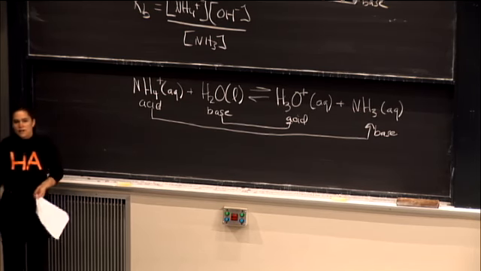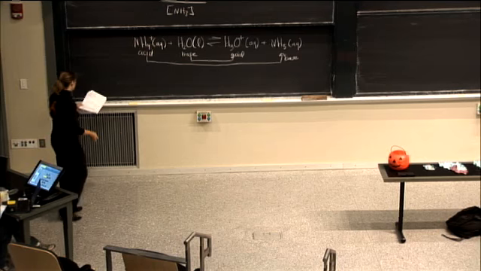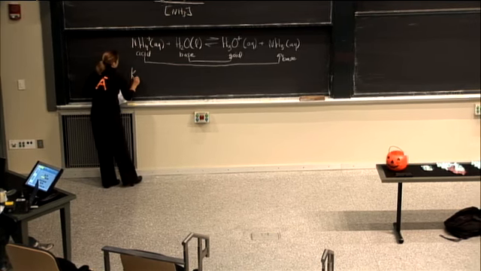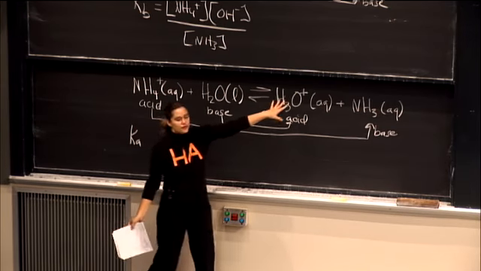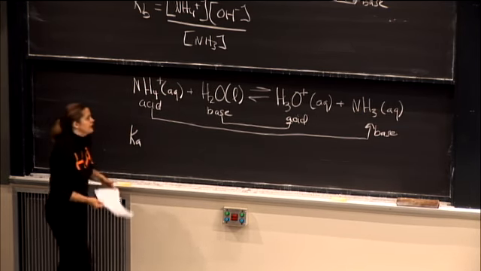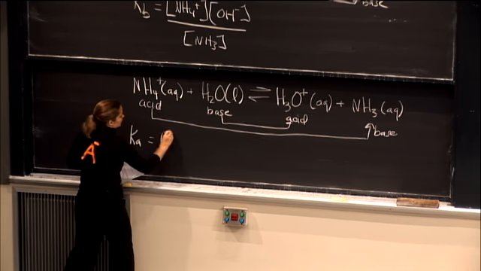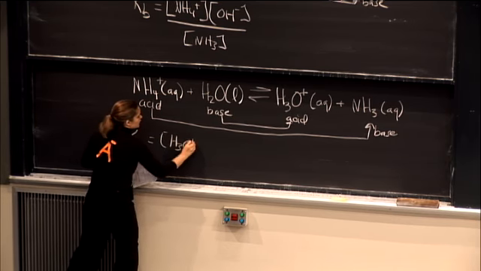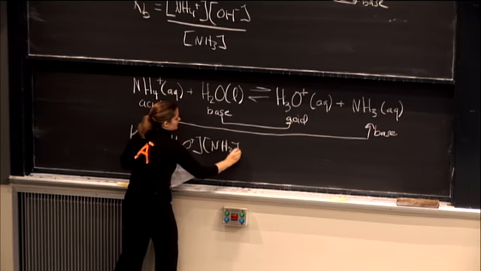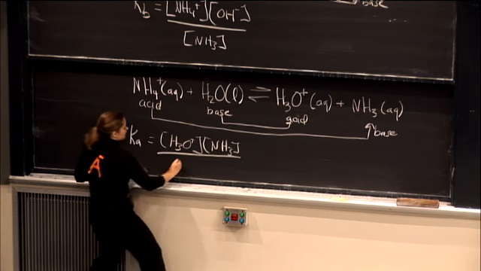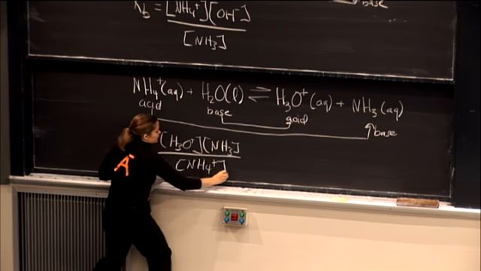So now am I talking about a Ka or a Kb? I'm talking about a Ka. So I'm talking about an acid in water. And we know this is an acid in water if we look at what's happening over here. So we have an acid in water. And so we'll put our concentration of hydronium ions and NH3 over NH4 plus.